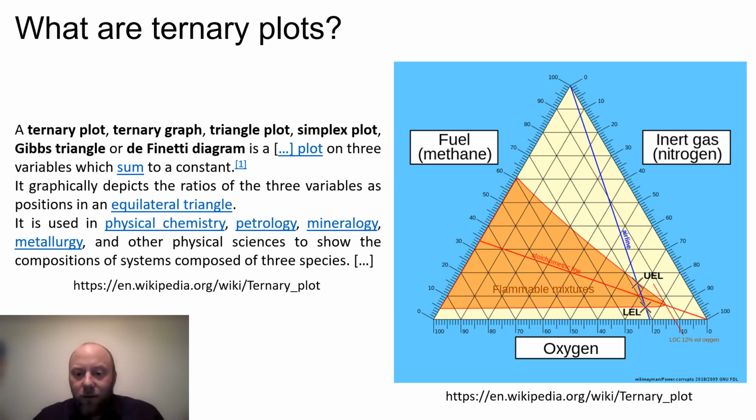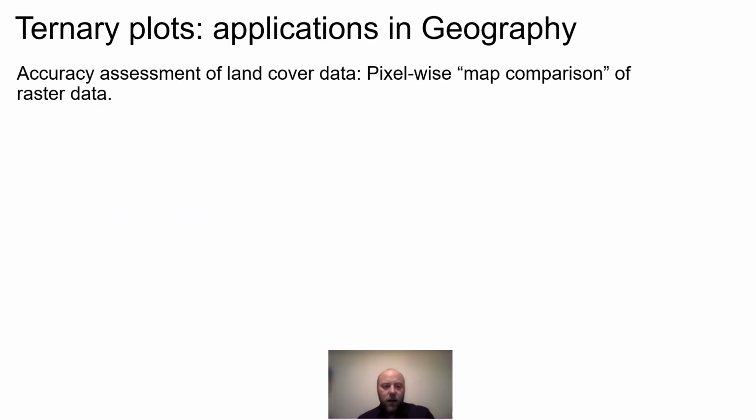You can visualize which composition of these three elements produces a flammable mixture. So you can depict this in this ternary plot. A way to visualize three variables that sum up to a constant. This is the important thing to know here.